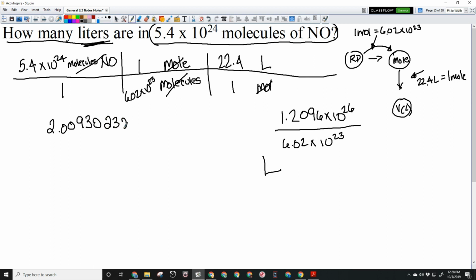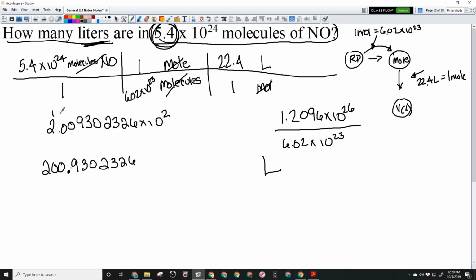2.0093 0302326 times 10 to the 2nd power. Okay, and what you got on your calculator is 200.94 0302326. All right, so this is why it's better to have your calculator set up in scientific notation, because we have 2 sig figs that we need for our answer.